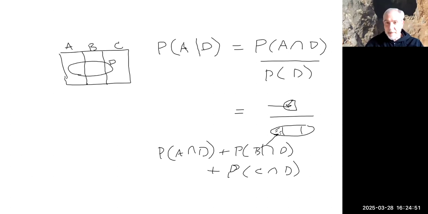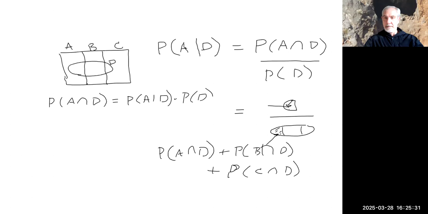But if we remember from before, as an example, the probability of A intersect D can be looked at as the probability of A given D times the probability of D. Did I do that correctly?